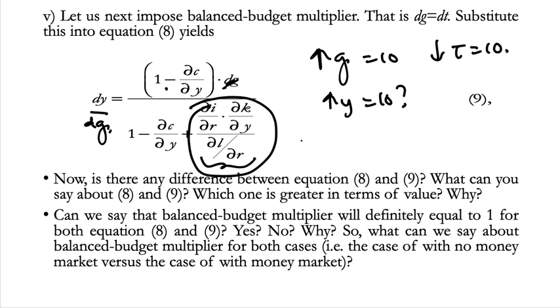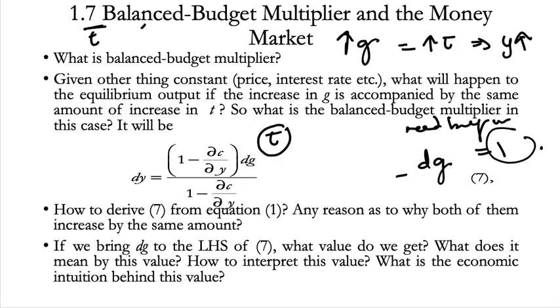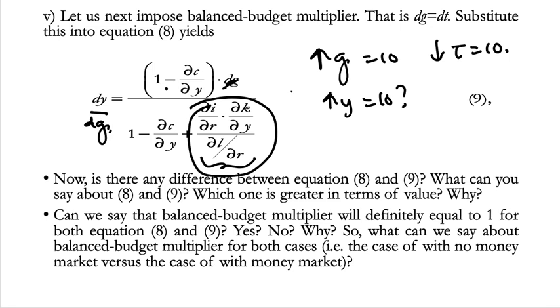So what I want you to do is to compare between 9 and also 7, because in 7 here, the balanced budget multiplier, if I bring a dG here, is equal to 1. But here, will this multiplier of tax equal 1, or less than 1, or more than 1?